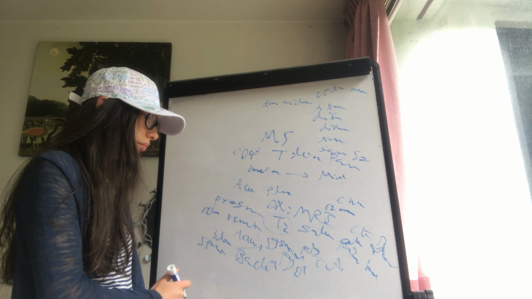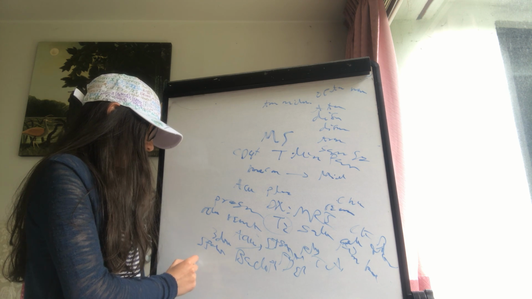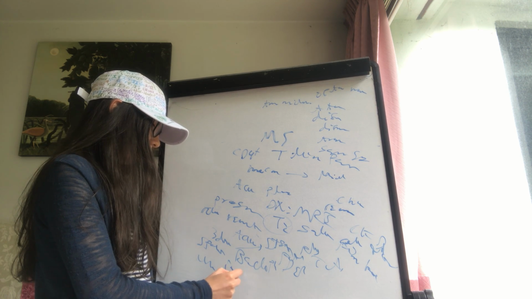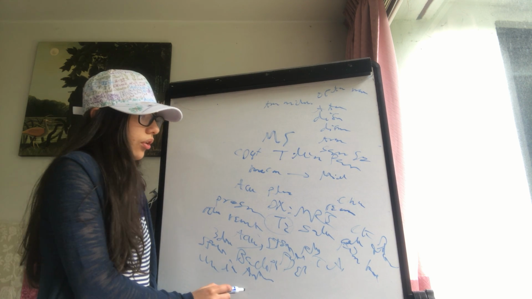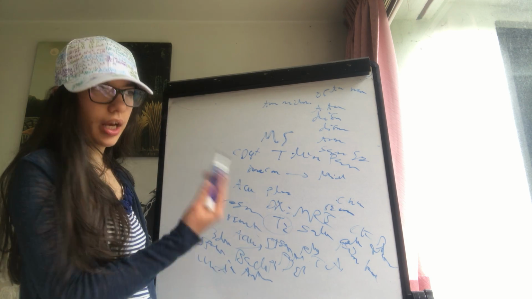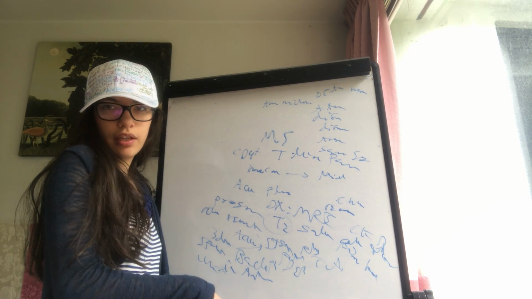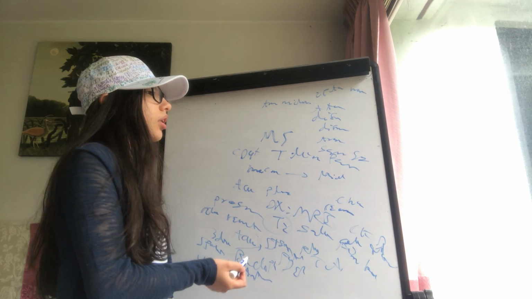What else? For urinary incontinence, we would give anticholinergic drugs. For other kinds of anticholinergic effects that the patient can have, we would give cholinergic medications.